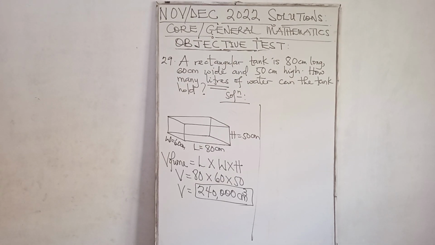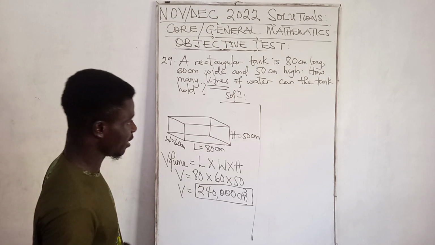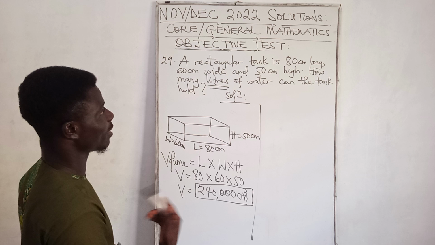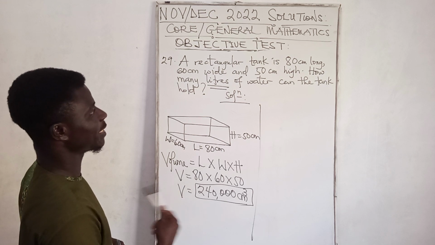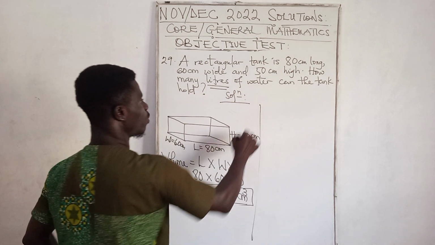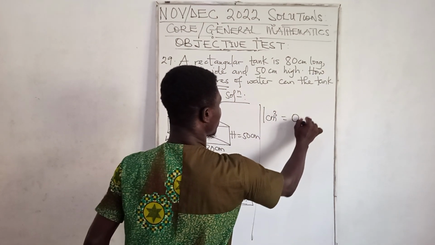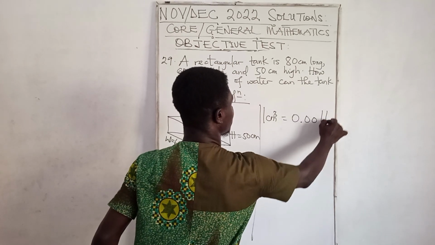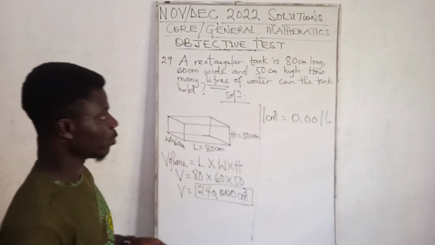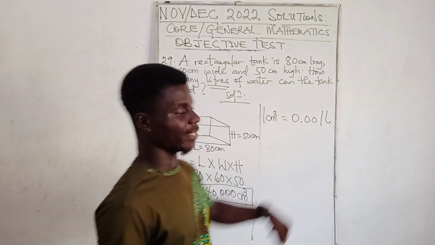All right, so let's see. We have the volume as 240,000 cm cubed. So we have to convert that to what? Liters. Since the question says, how many liters of water can the tank hold? So 1 cubic centimeter must be equal to 0.001 liter, not 0.0001 liter.